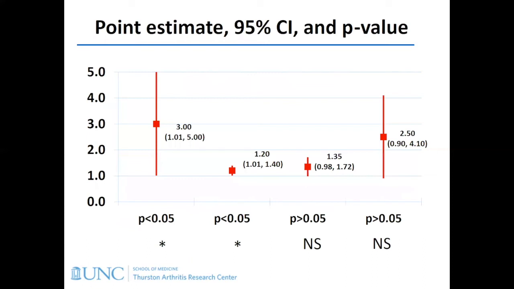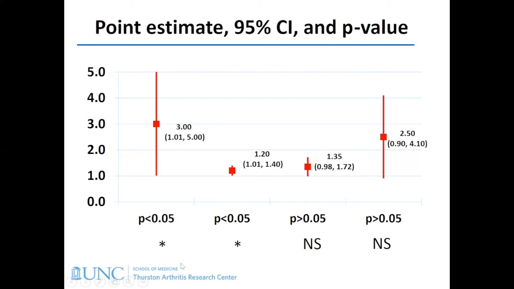So it's important when you're making your decisions on how to interpret your results that you look at the point estimate and how large or small it is, look at that 95% confidence interval and how wide or narrow it is, and you can also look at the p-value.